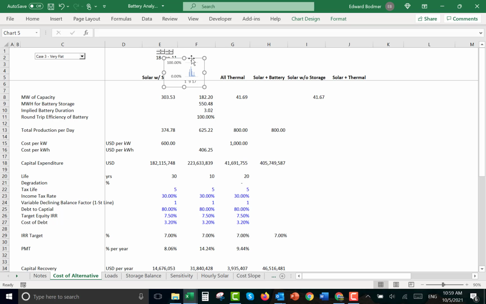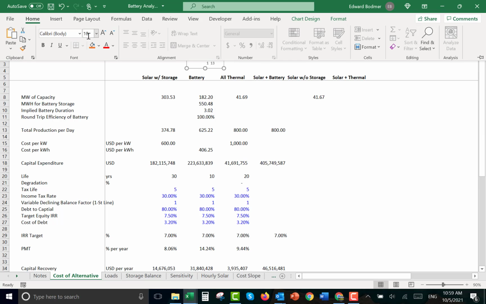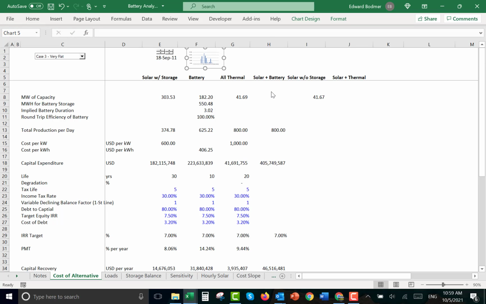Maybe I'll put it here. And, shoot. Okay, it's so small, but if you go to the home page and maybe change this to 2 or something like that, then at least we can kind of see what's going on with this one. Sorry about wasting a little bit of time on this.